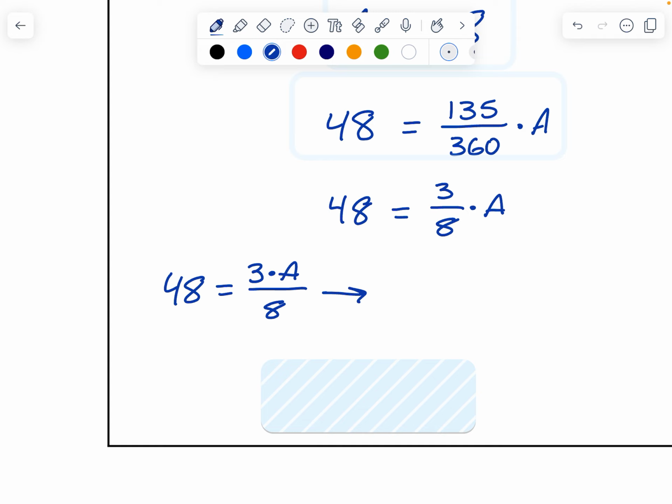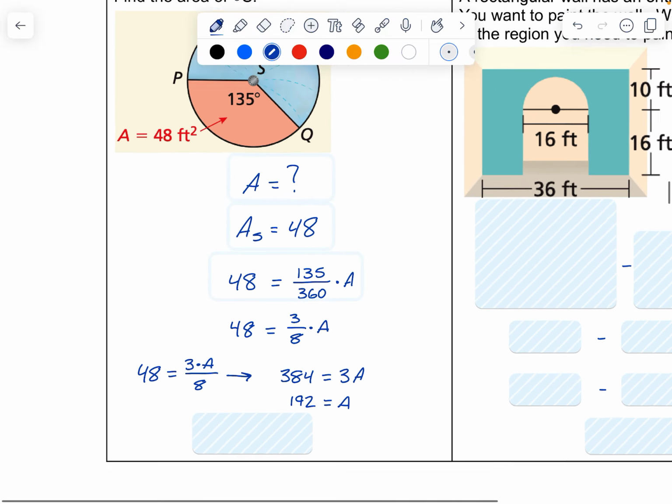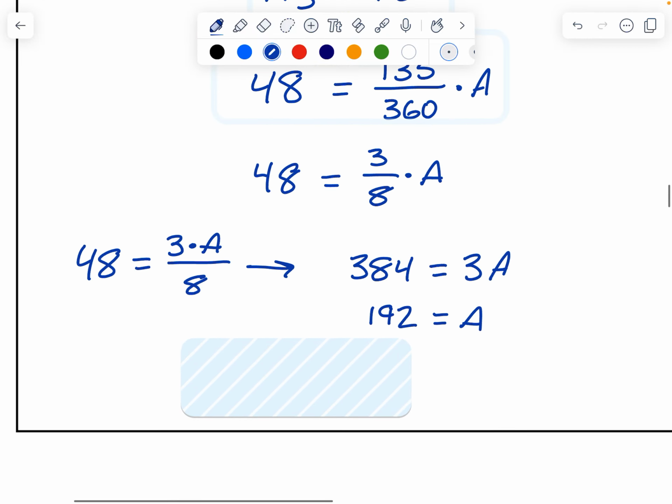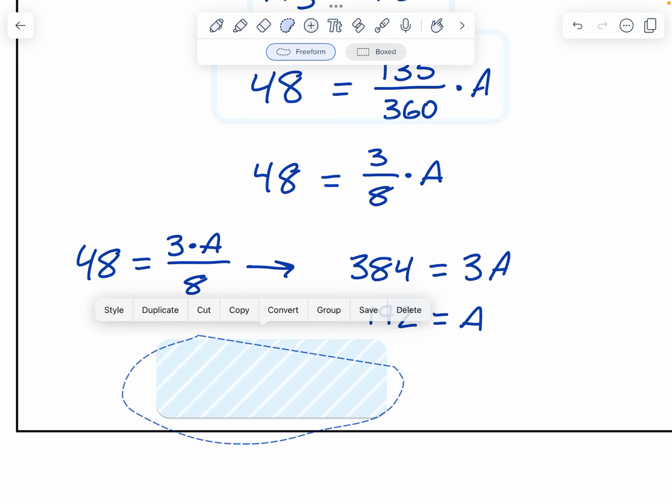How do I get 3a by itself? This is where I'm going to multiply 8 to both sides. 48 times 8 is 384. If I multiply the right side by 8, it's going to get rid of the division, 3a. If I take that 384 and I divide it by 2, I get an area of 192. In this case, feet squared. Moment of truth. Oh, I must have done it wrong the first time. Oh well.